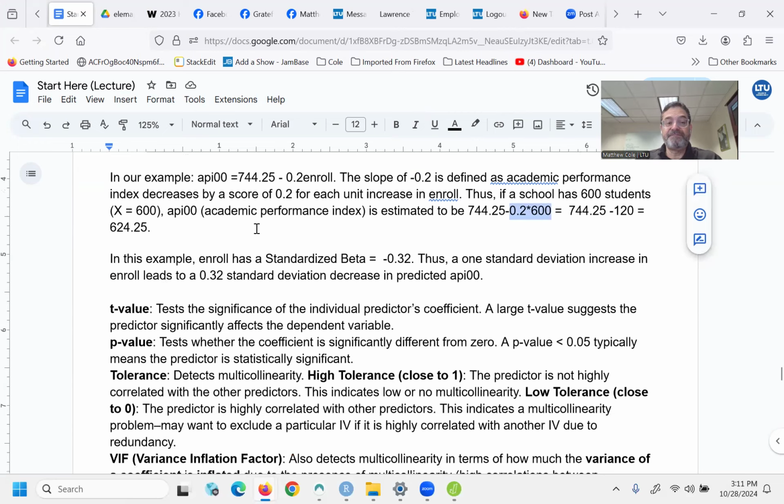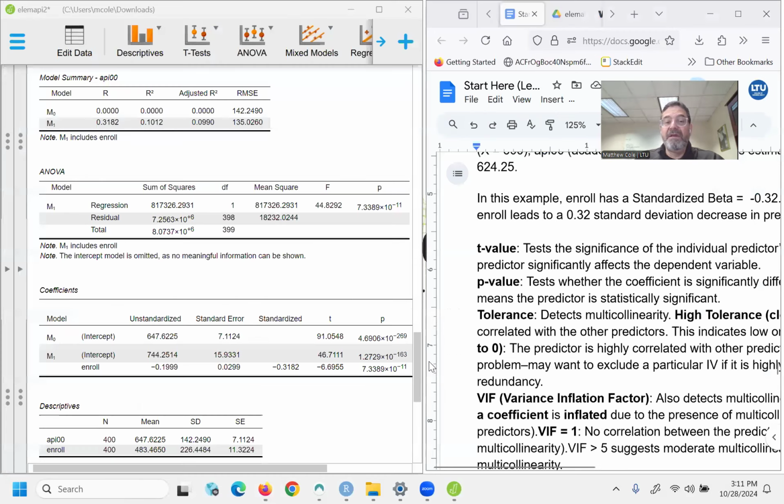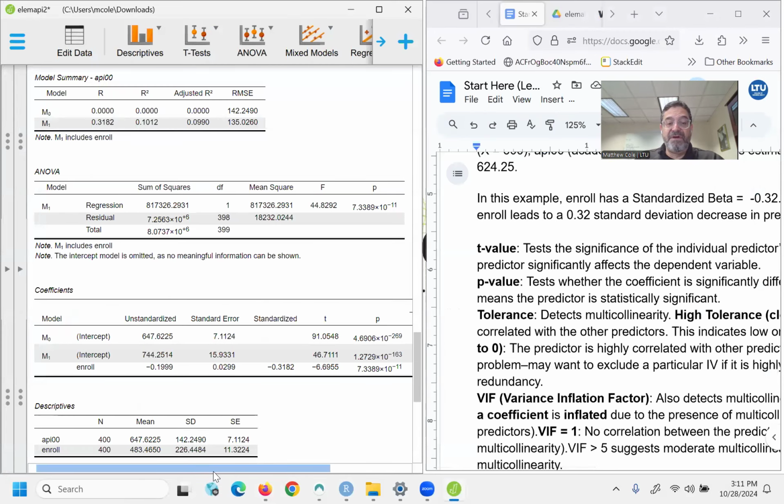And in this example, enroll had a standardized beta of negative 0.32. We would say, thus, a 1 standard deviation increase in enroll leads to a 0.32 standard deviation decrease in predicted academic performance.